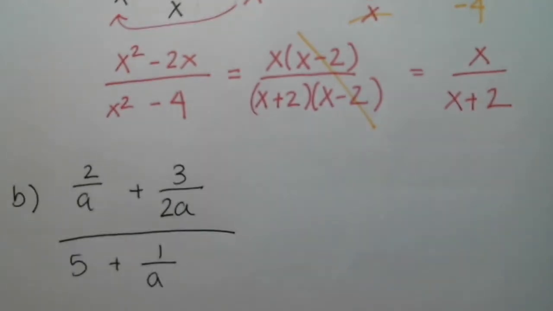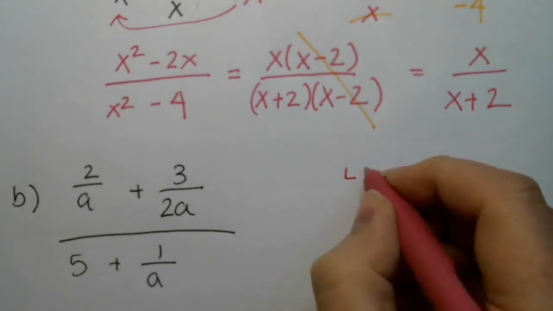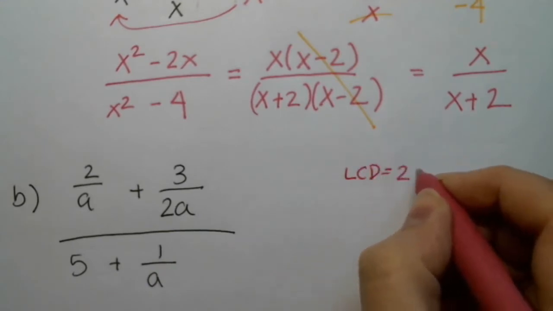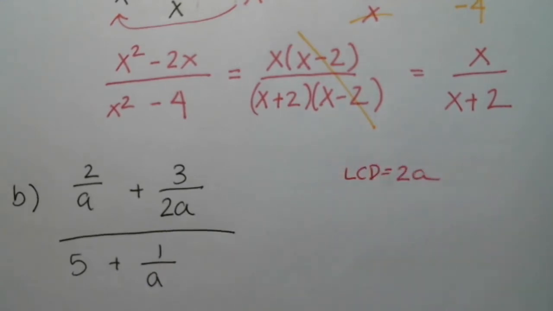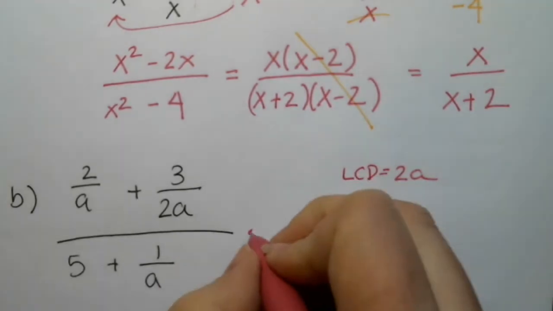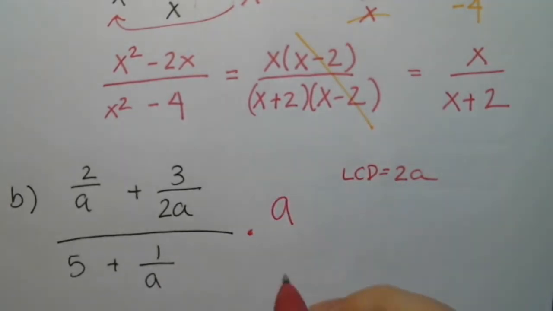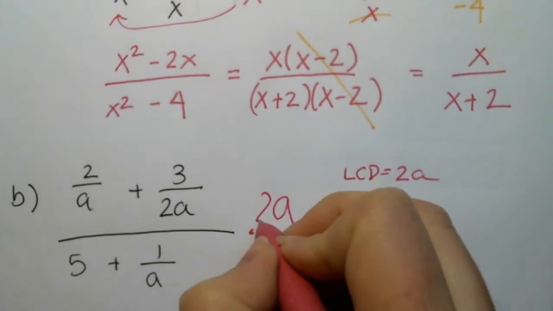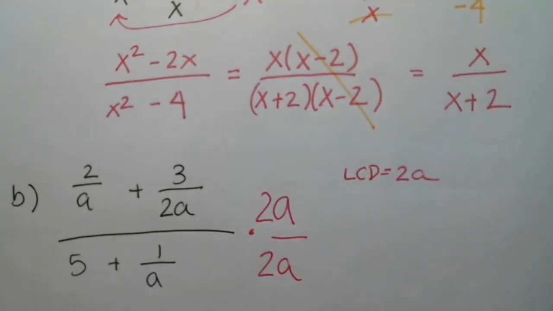Okay, now when we're talking about the smaller fractions here, we can see that the denominators are a, 2a, and a. So my LCD is going to be 2a. Okay, so I'm going to multiply here by 2a over 2a.